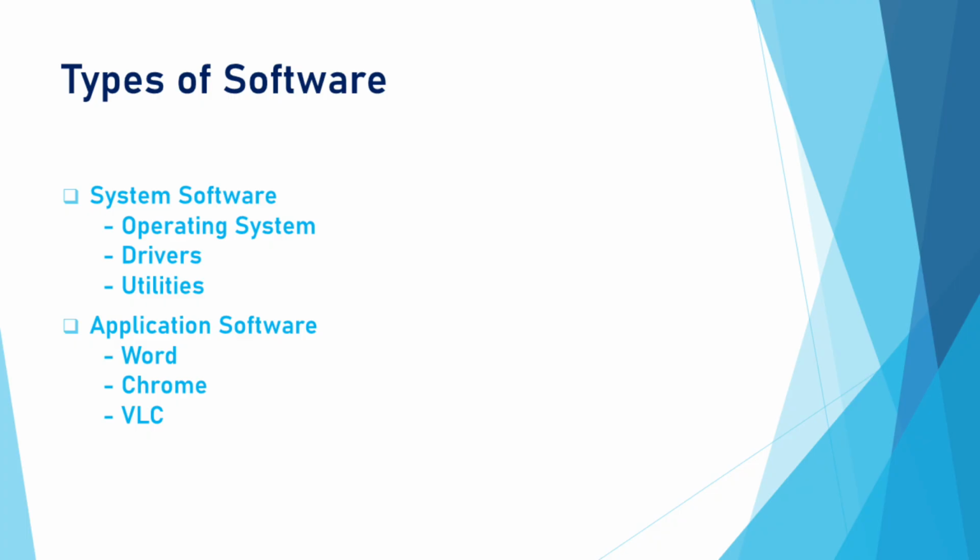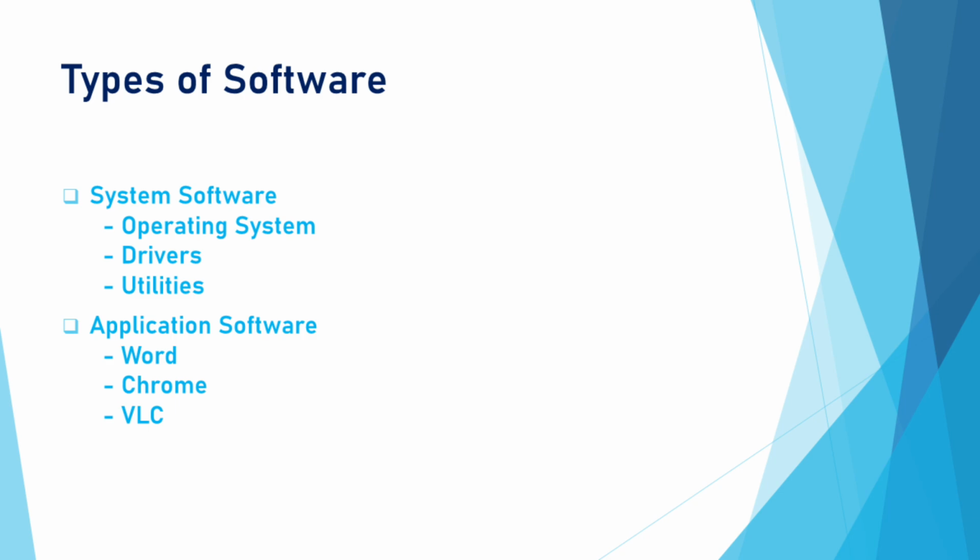Understand? So you have apps, right? For example, we are using WhatsApp, YouTube, Facebook, Microsoft Word, Google Chrome, VLC Media Player, Adobe Photoshop, and all these things. With these apps, the user directly interacts. Such applications are called application software.